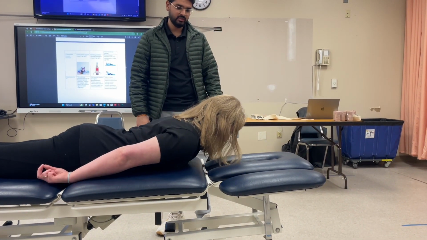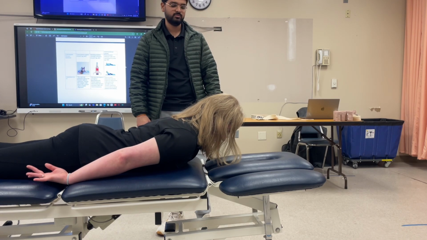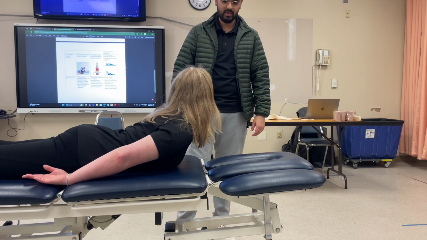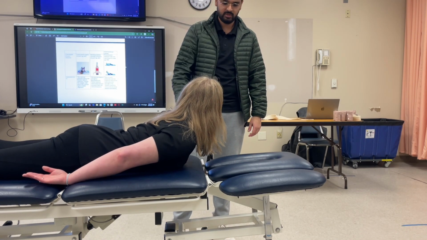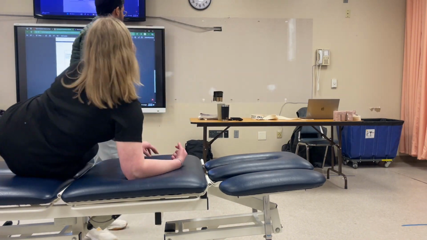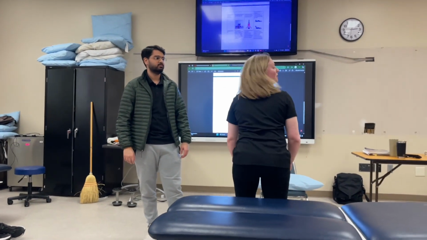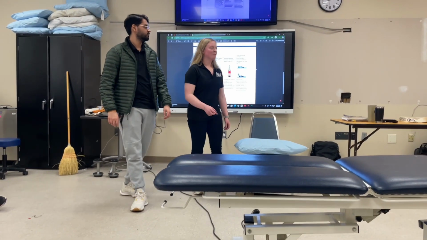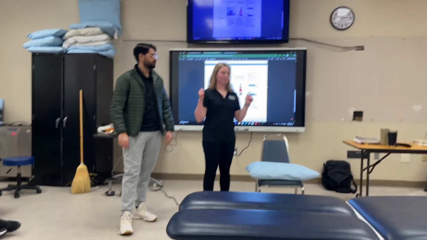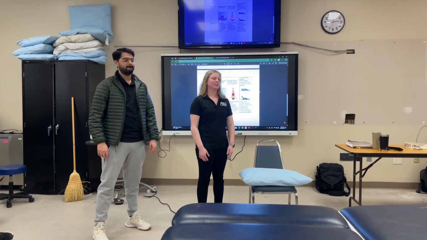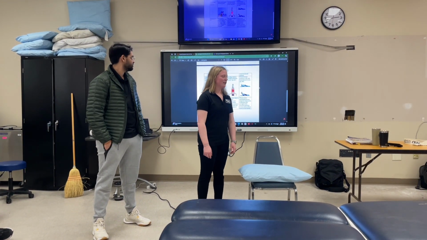And this one is for endurance of the thoracic extensors and neck flexors. So the point of this is to bring your forward head posture back into neutral to decrease pain and increase range of motion of the neck.